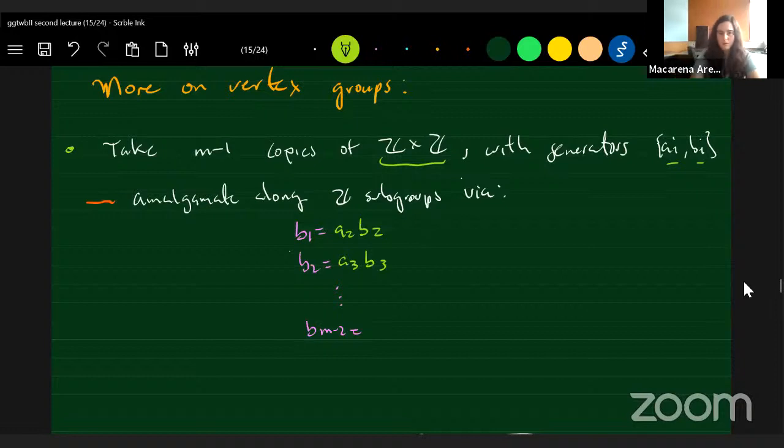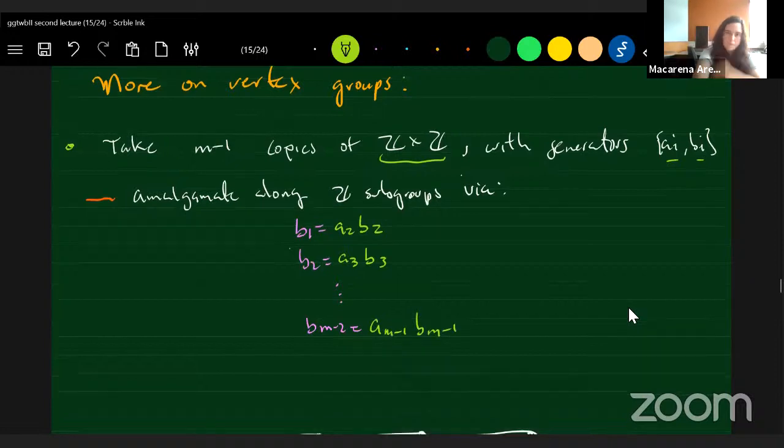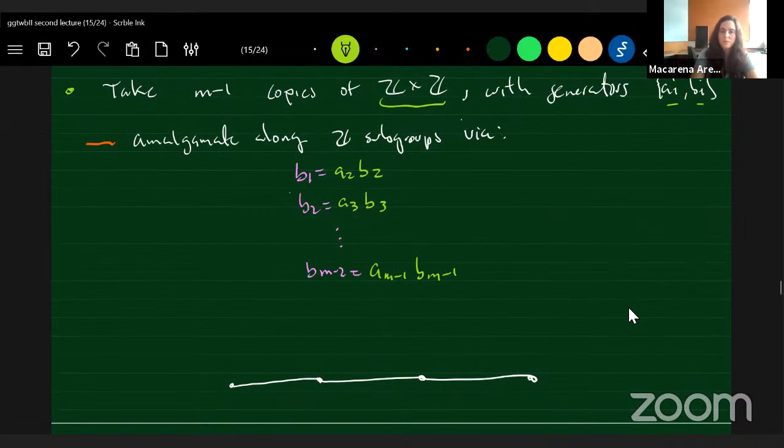So Bm minus 2 is equal to Am minus 1, Bm minus 1. And from this description, it's more or less clear that this group is the fundamental group of a graph of groups, where the vertices are Z squared and the edges are infinite cyclic.